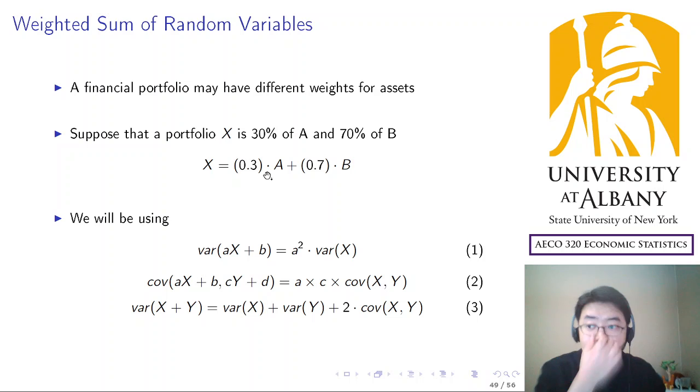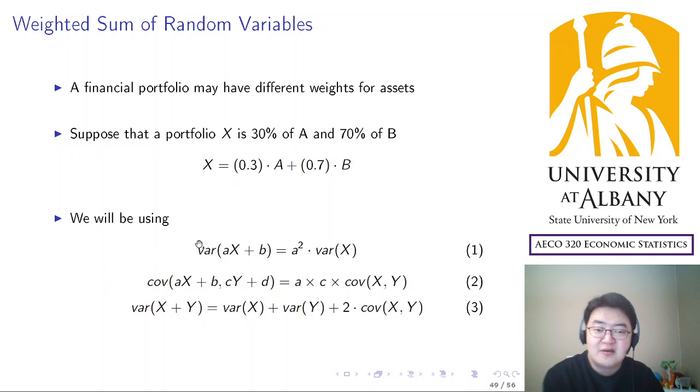Suppose that you have $100 and you invest $30 on A and $70 on B. Then your portfolio return X is 0.3A plus 0.7B. Right? This is an obvious result, and we will be using these results.